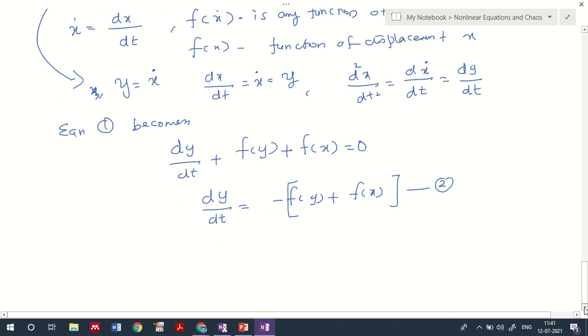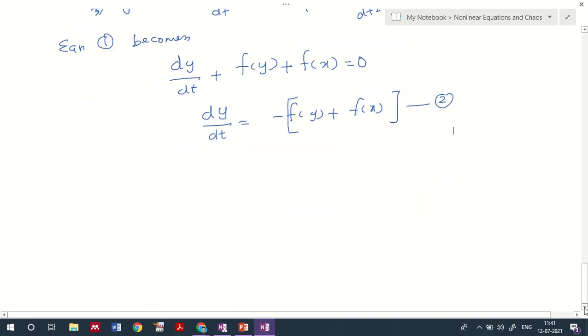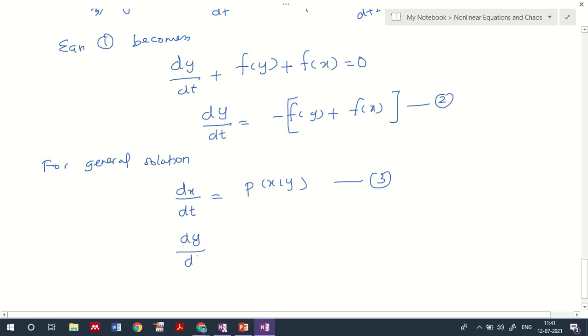If I need to find the solution, or rather a general solution of this equation, I am introducing a few more substitutions, that is dx by dt is equal to p of x, y. So that is equation number 3, and we represent dy by dt equal to q of x, y.